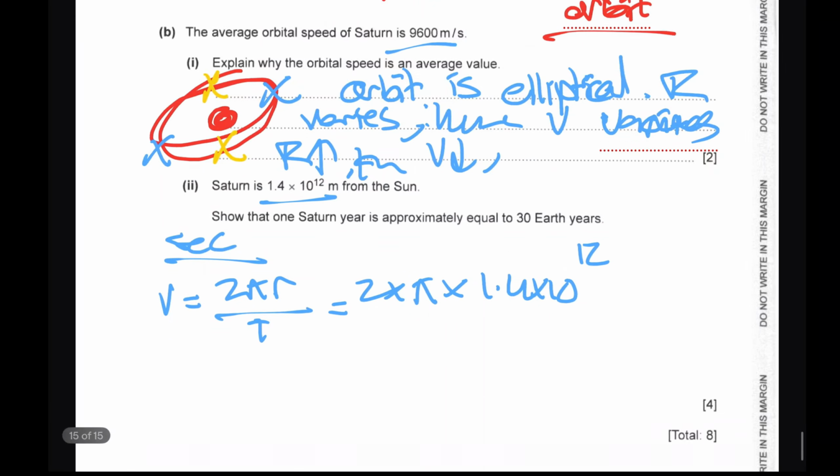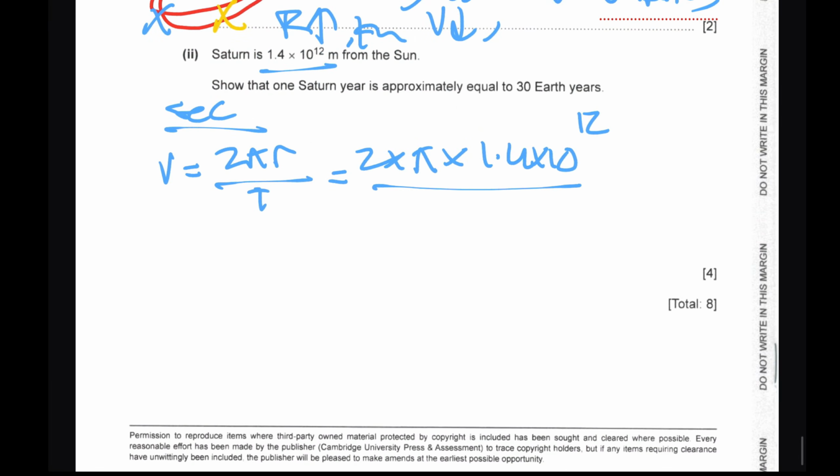So 2 times pi times r, which is 1.4 times 10 to the power 12, divided by t, and the velocity is 9,600. We can flip this around, and then you solve to find t.